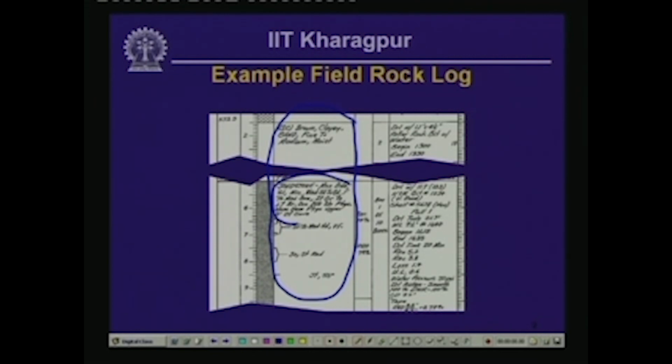For instance, at this site a massive sandstone was encountered as indicated here, and then the joints and the dip of the joints are also mentioned, and there are some thin interbeds of different coloration within the massive sandstone, and those things are also mentioned within this column that describes the units of bedrock.